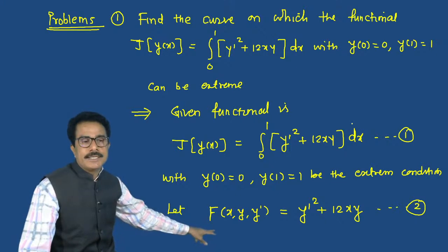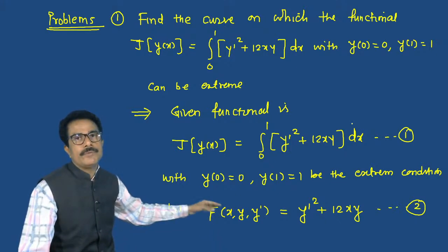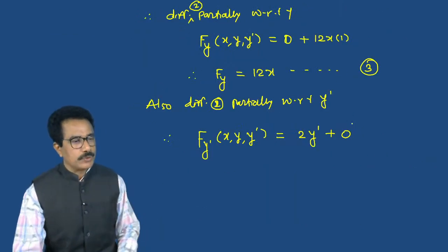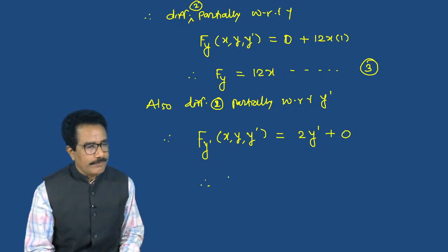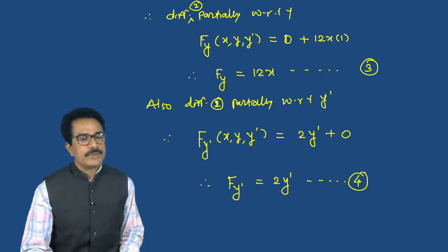There is only one term of y dash; the remaining terms are x and y, so their partial derivative with respect to y dash is 0. So f suffix y dash equals 2y dash. Suppose this is equation 4.